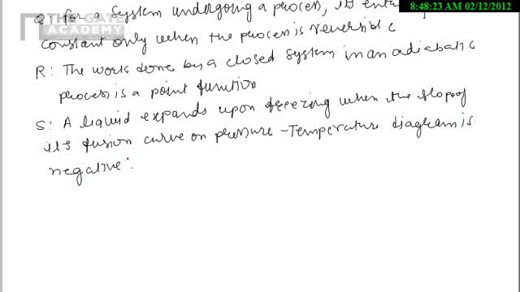So these are the four statements P, Q, R, S, and we have to find out which combination is correct. So the options are: A, R and S. Option B, that is P and Q.